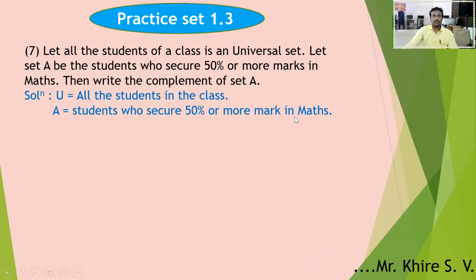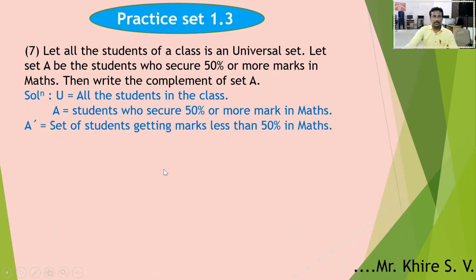Now we have to find A complement. A complement means the elements in set U which are not in set A. Means the set of all students getting marks less than 50% in maths. Got it?